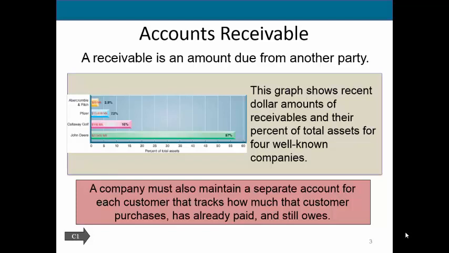You have to do that because you have to specifically track how much each particular customer has purchased, what they have paid, and what they still owe you. You have to track that because if you send out a bill to someone, they may or may not go ahead and pay you what is due. So you have to keep track of that, and you'll have to follow up with customers who have not paid you on time, and so on.